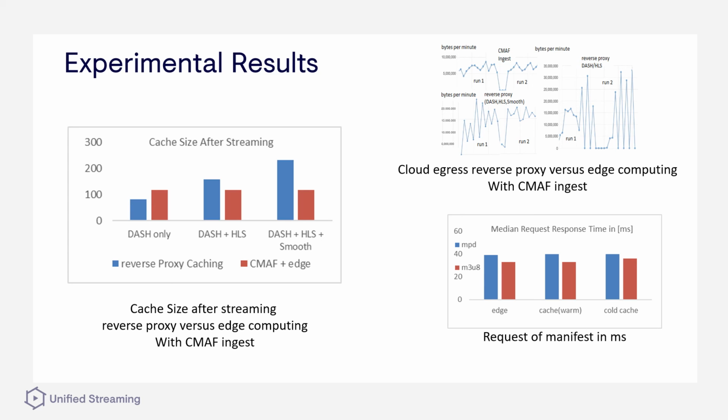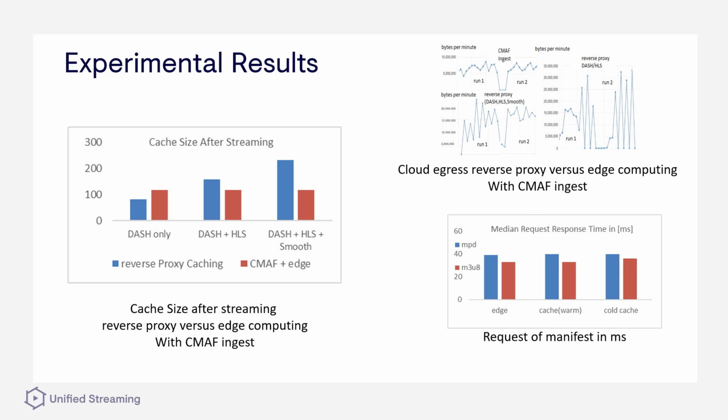Top left is CMAF ingest, the bottom is a reverse proxy, and the right is also reverse proxy with DASH and HLS. One thing that you can see is that the egress traffic peak is much higher when using a reverse proxy, and the variation in egress traffic is also much higher. So by using the CMAF ingest between the centralized data center and the edge, we achieve a much lower egress, but also a smoother egress.